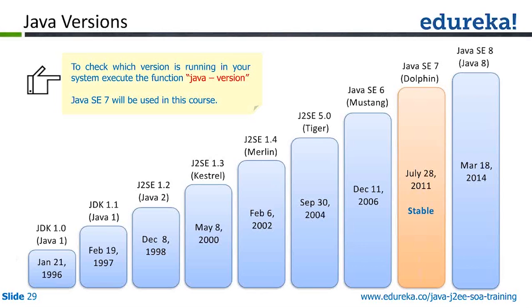As you can see, we've had regular releases of Java. It's from 1996, 97, 98, and then 2000, and later on started with every year a new release, then every 2 years, and now the releases come every 3 or 4 years. But even in 6, you'll have 6.1, 6.2, many releases.